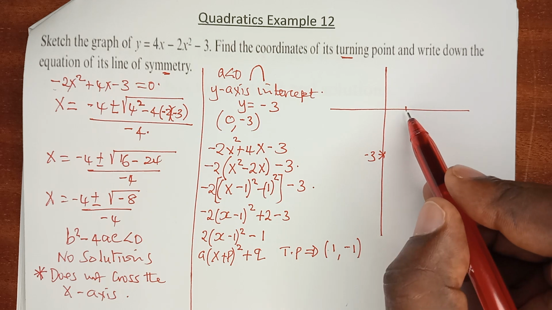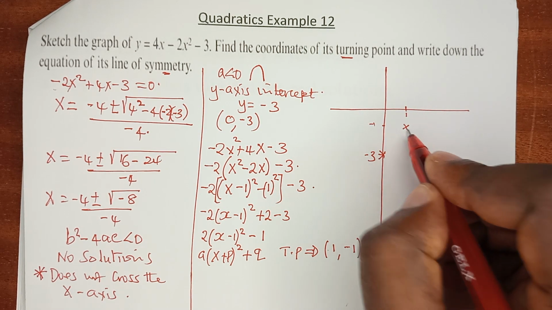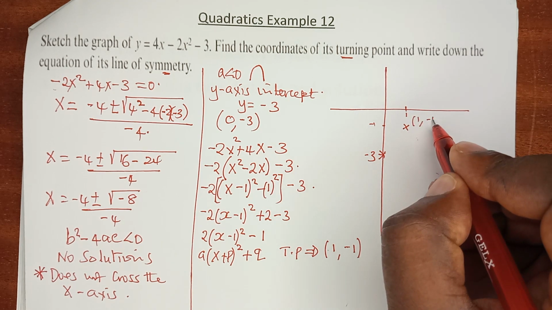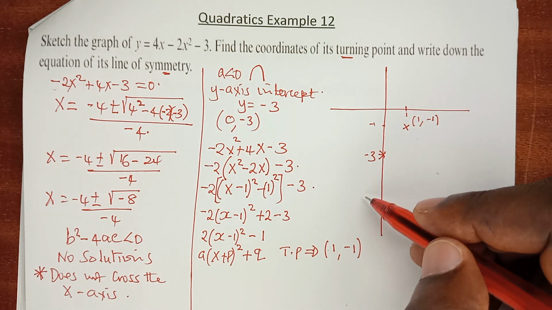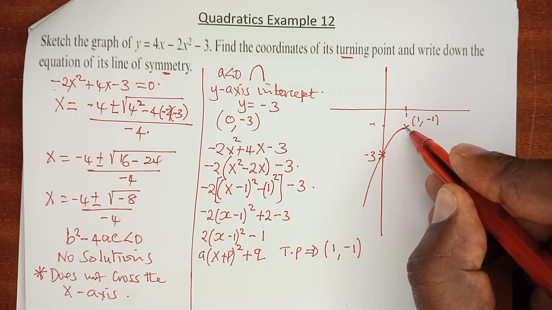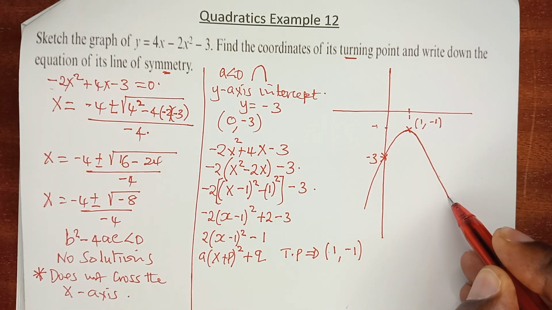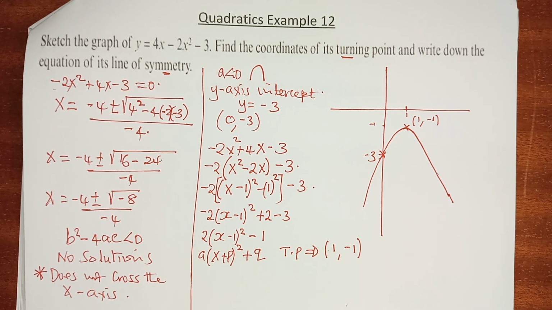If we say this is 1, then we have negative 1 there. This is the turning point, (1, negative 1). And because our graph is an N shape, we have our curve looking like that.